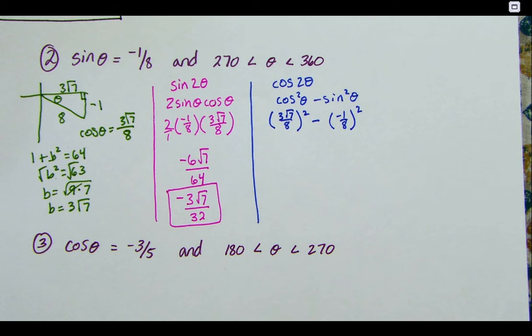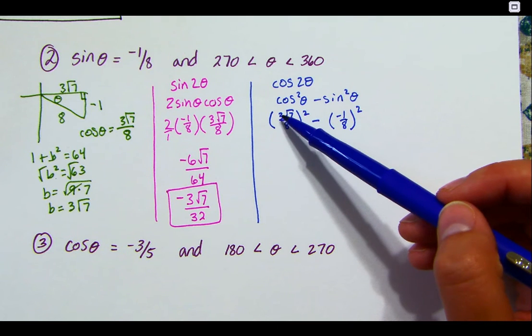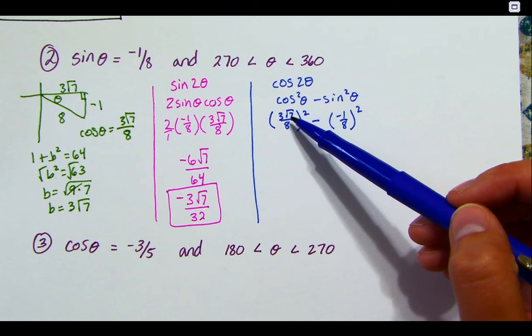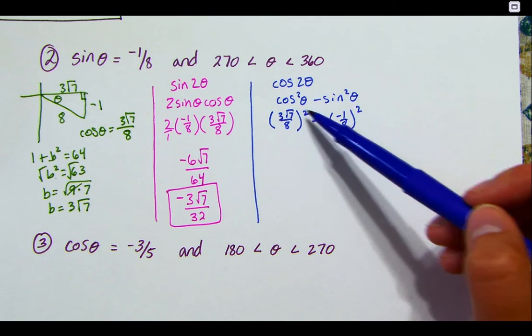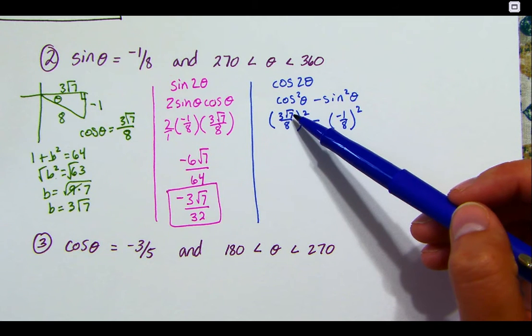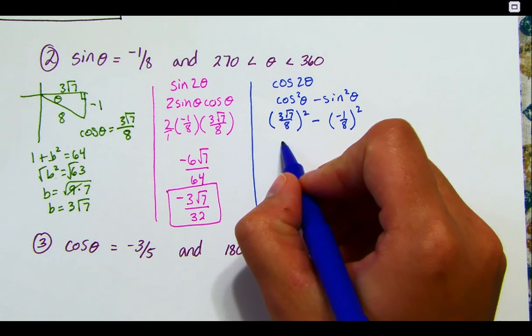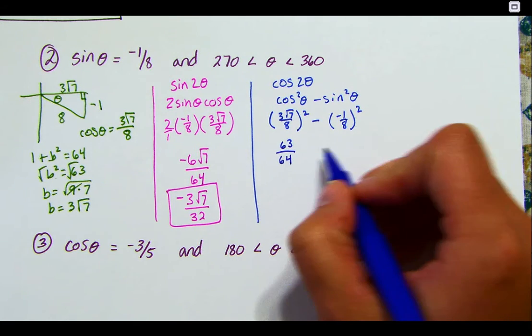Okay. So looking at this, I need to square the 3 and the square root of 7. So when I do that, the 3 becomes a 9, and then the square root cancels out, so we would just be left with 7. So 9 times 7 is 63, and then 8 squared is 64.